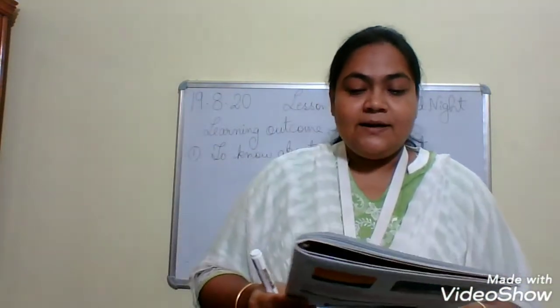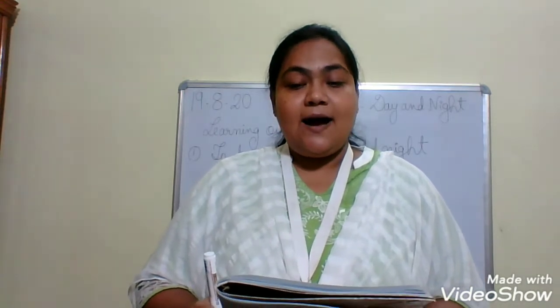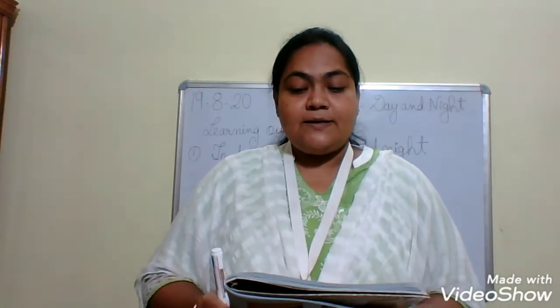Okay. Then in the yellow color box you can see, children, days are bright and warm. Nights are dark and cool. A day starts with the morning and ends with the evening.